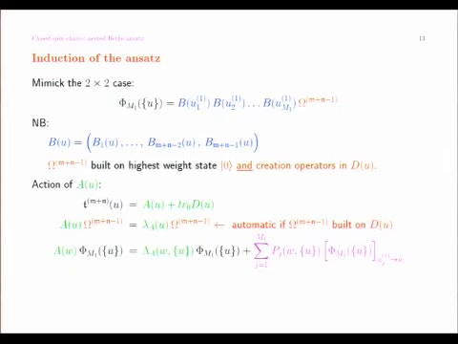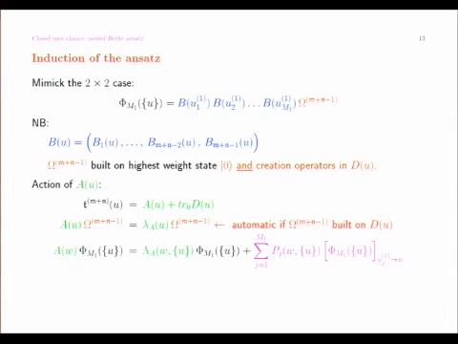Just assuming these two things, you can compute the action of the A operator, and you can show that omega is in fact an eigenvector of A, whose eigenvalue depends on the highest weight and also the commutation relation of A with D. With this, you can compute the action of A on the full state, and you get exactly the same kind of expression as in the 2x2 case.